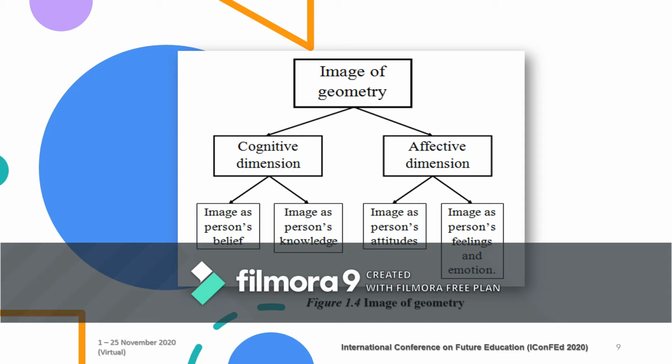Cognitive dimension can be divided into image as person's belief and image as person's knowledge, while affective dimension can be divided into image as person's attitudes and image as person's feelings and emotions.